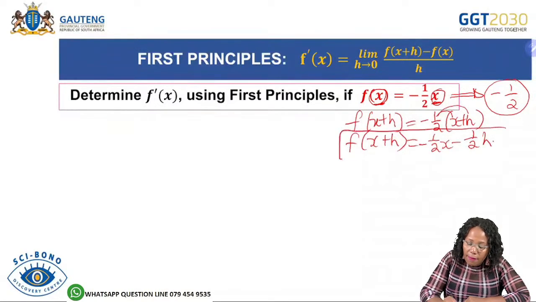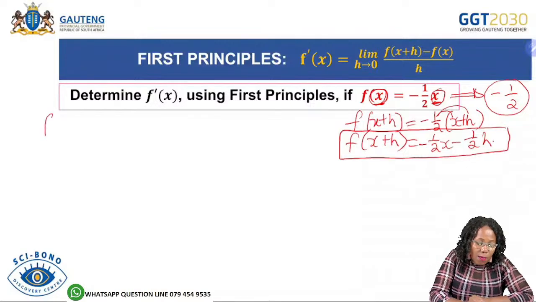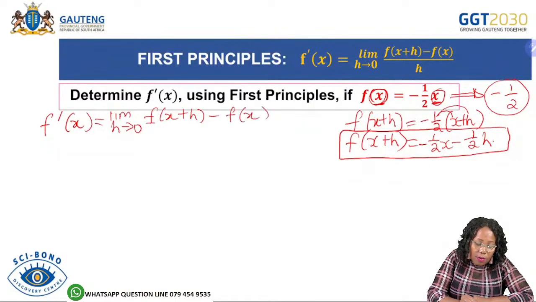That is our f at x plus h. Then we move into the formula. Our formula is f derivative of x is the limit of h approaching 0 of f at x plus h minus the f at x, all over h.